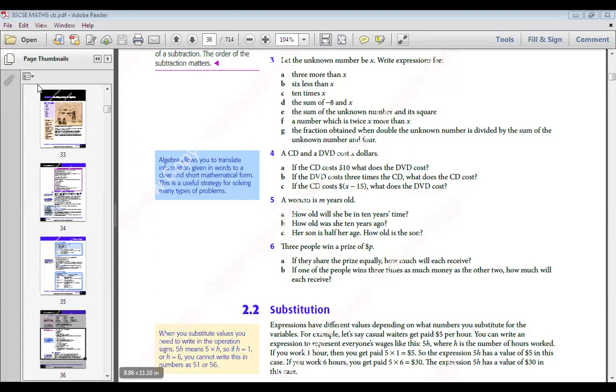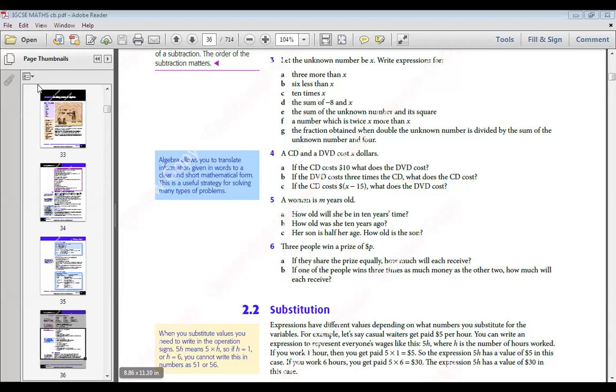Not X, we have taken Y. So we will write, as per the condition, $Y and 3Y together make this one.